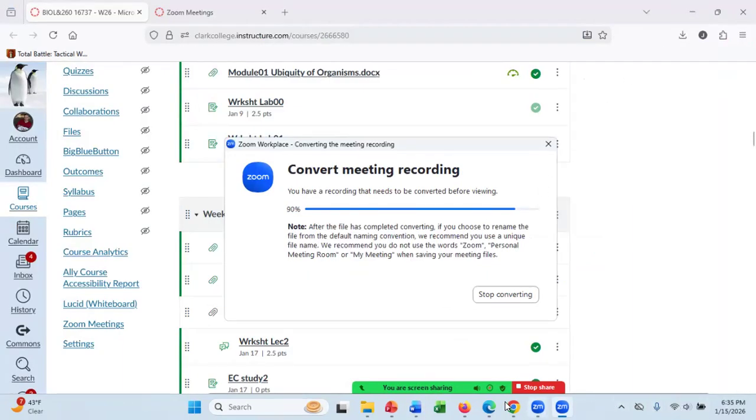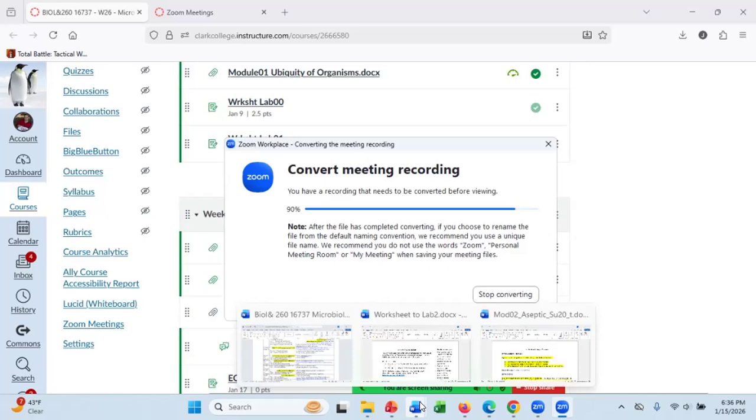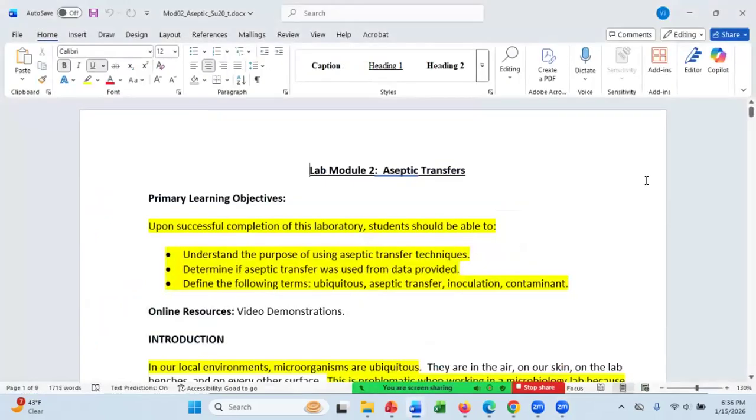Let's go ahead and pull that down. 90%, so my computer's still going to be slow. It's the worksheet. There's module 2. Lab module 2 is on aseptic transfers. Upon successful completion of this lab, you should be able to understand the purpose of using aseptic transfer techniques, be able to determine if aseptic transfer is used from the data provided, and lastly, be able to define the following terms.